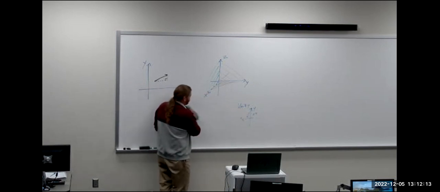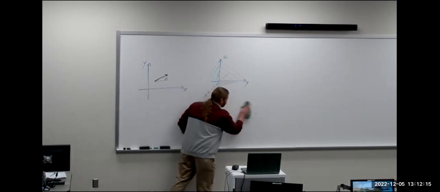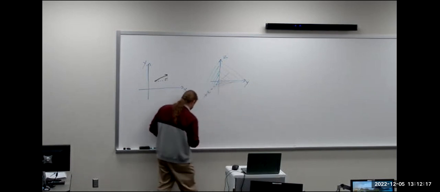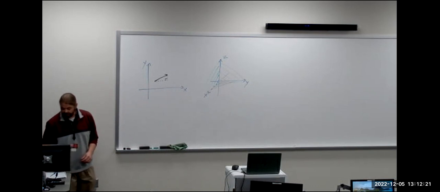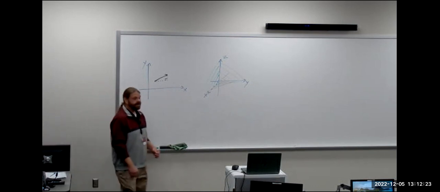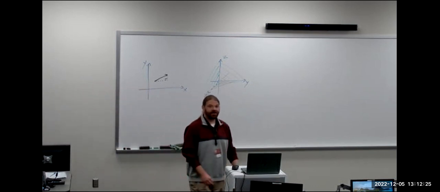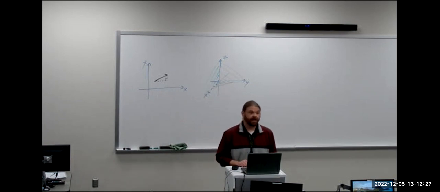So that's what I wanted to start with. I'll erase that. The main point there is that the labels are arbitrary. We can label them whatever we want. And in a lot of situations, it's convenient to relabel them differently.